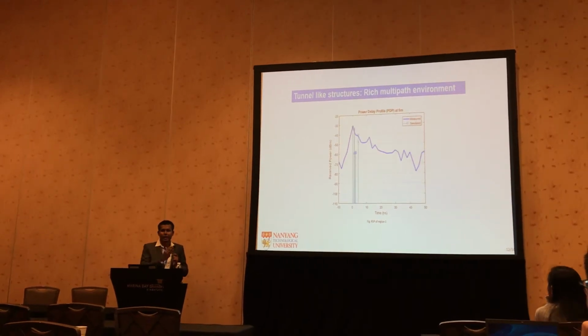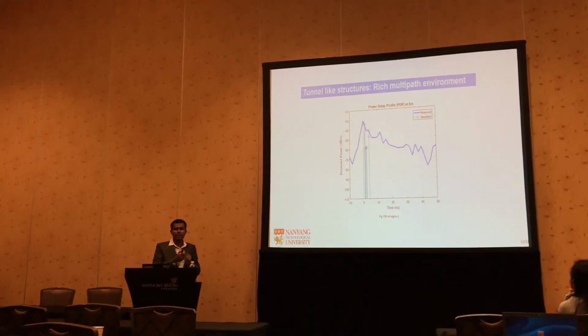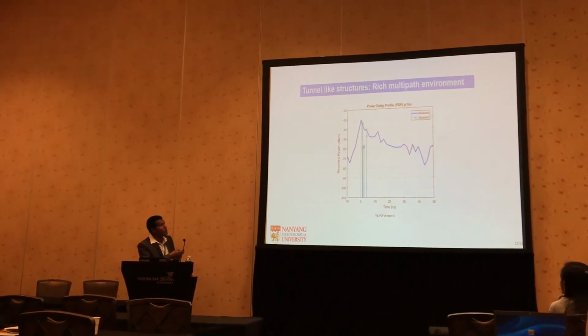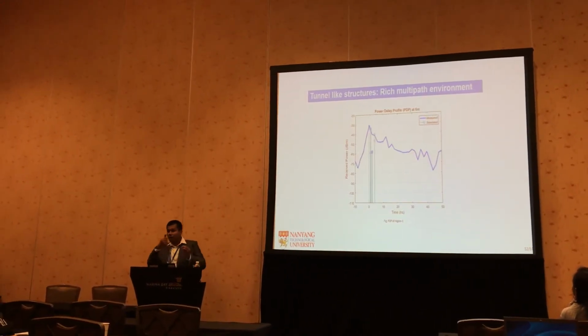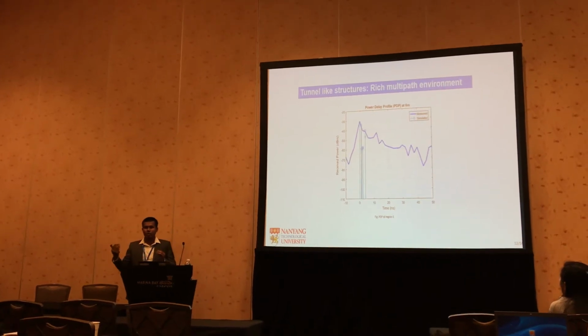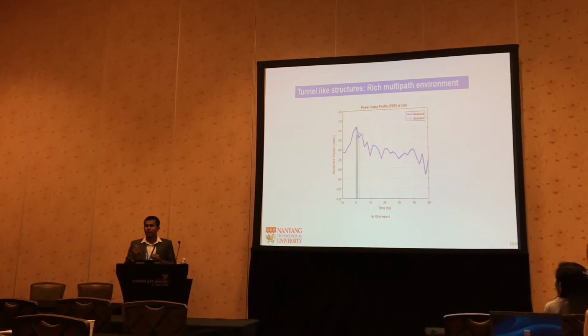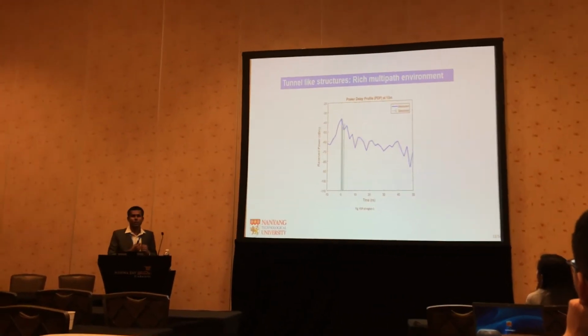The direct path is coming at 18 nanoseconds. The time difference is very small, and the received power difference is also very small, which says that at a far-away distance like 300-400 meters from the transmitter, the influence of reflected paths is very high compared to the direct path.